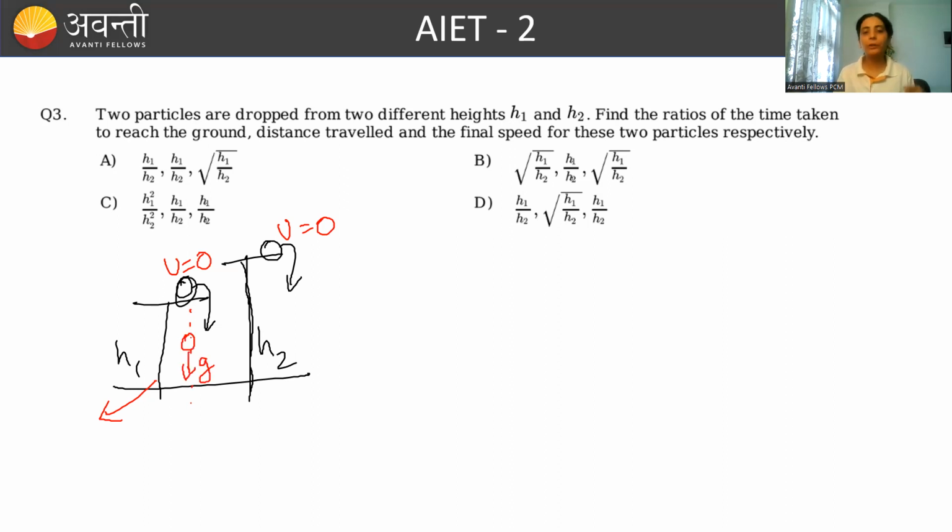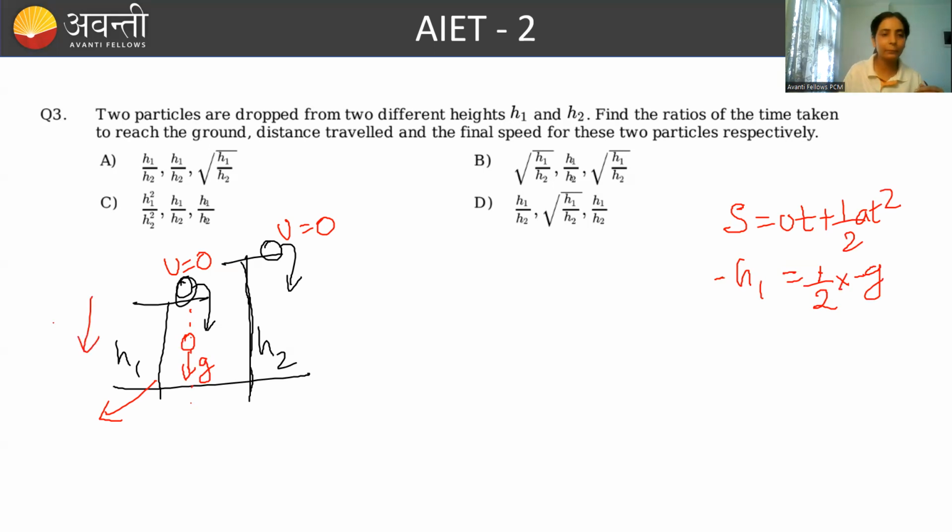Applying the equation of motion s = ut + half at square, the displacement is minus h1, ut becomes 0, and the acceleration is minus g because the downward direction is taken as negative. So the minus signs cancel in t square.